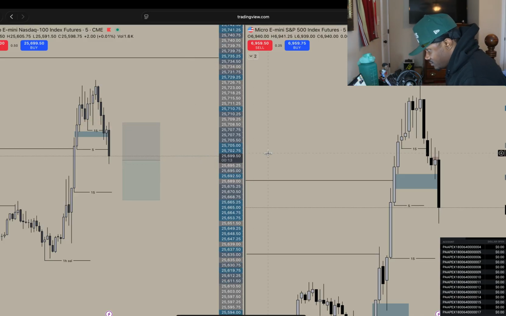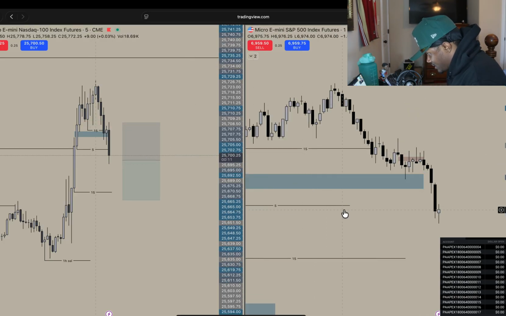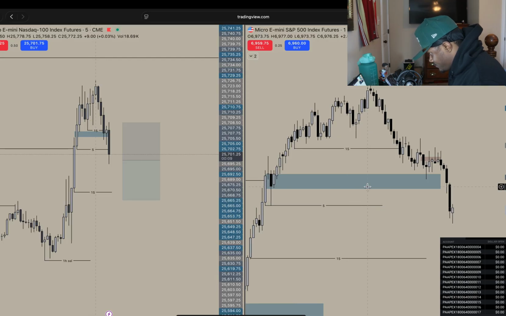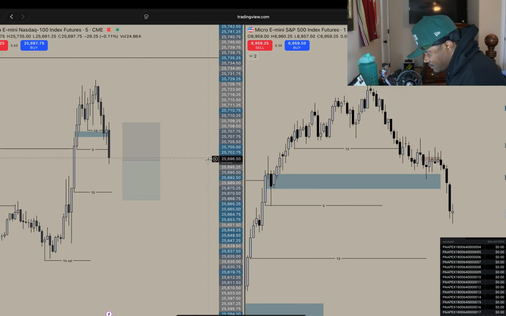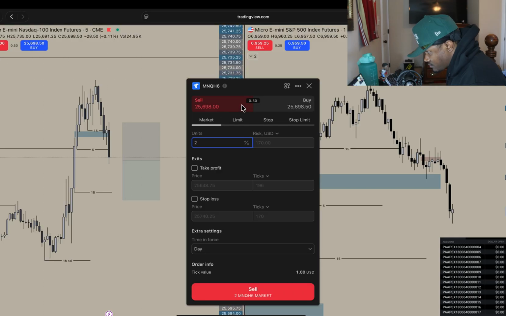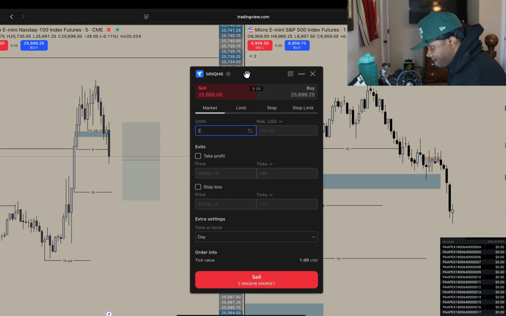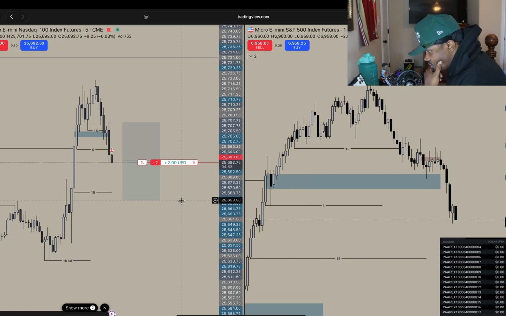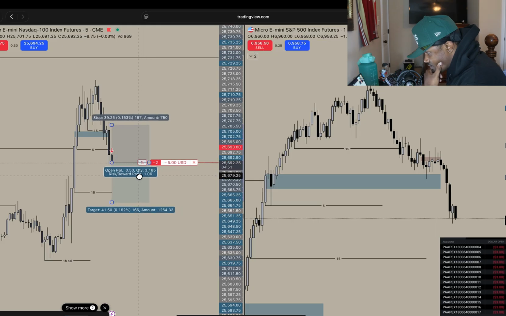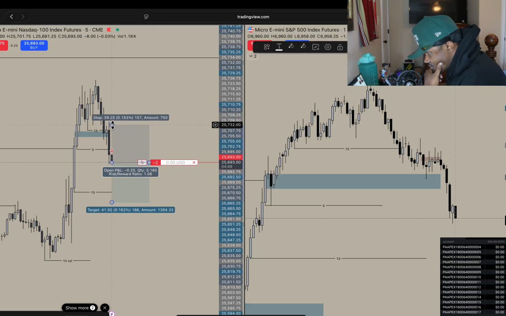I want to see how we start to react off of this though. Then that 5-minute gap. Let's see if we can get an immediate bounce. Like I said, I almost don't care about this right now. We're in the shorts right there. Order filled.